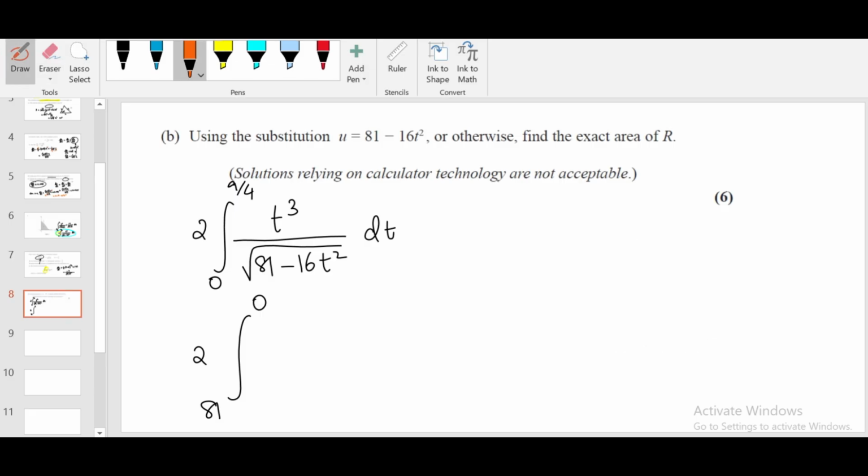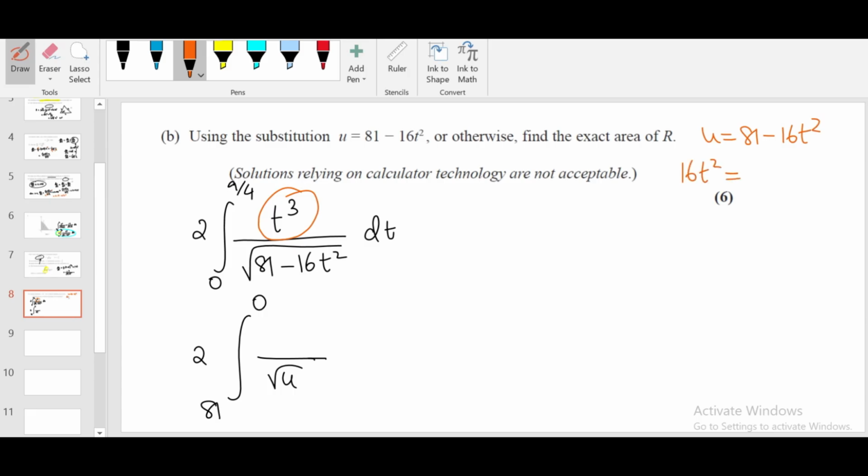Now I'm going to change first this one. The denominator is basically the square root of u. How about the numerator, t cube? We have u is equal to 81 minus 16t squared.